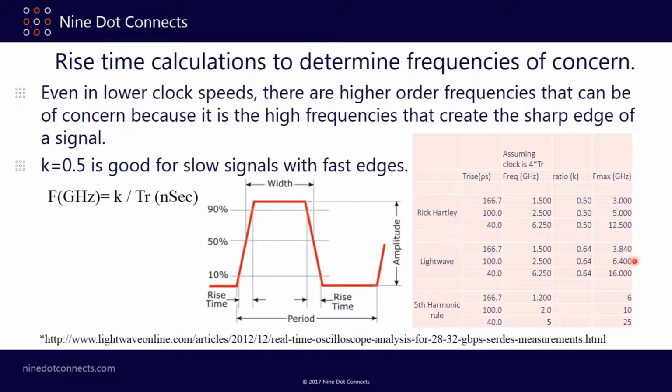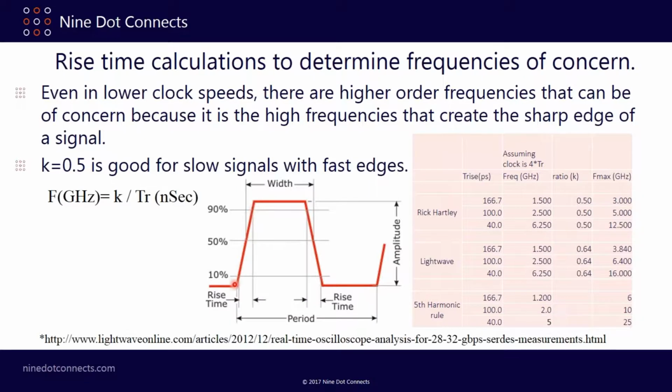So remember when we first started this, we said harmonic contribution and rise time are the 2 facets that we want to consider. So if I go back to the harmonic contribution that we want to look at, that uses the 5th rule that we were talking about before, where you had the fundamental, 3rd and 5th harmonic. Now, if I take that same 100 picosecond signal and I apply that to this 80%, that basically says that 100% ends up being 125 picoseconds.